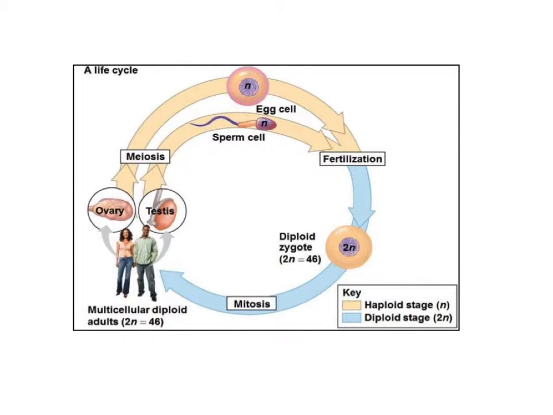Now this is the life cycle of haploid and diploid, and you can see how the two parents have their gonads, the testis in the males and the ovary in the females, and these gonads make gametes. The gametes represent the haploid part of the life cycle, which is n, or 23 chromosomes.